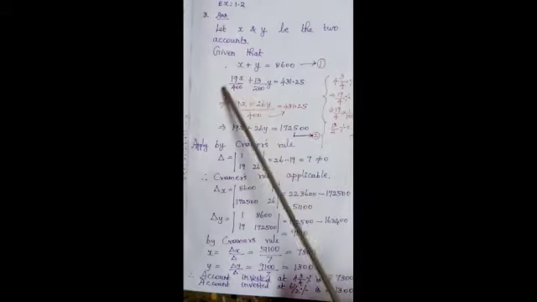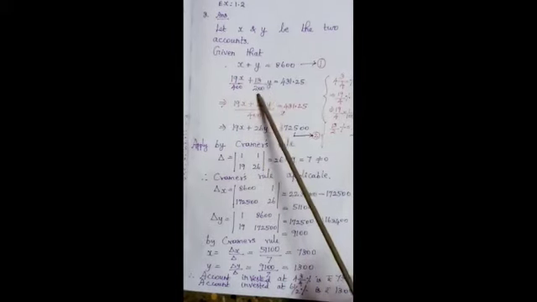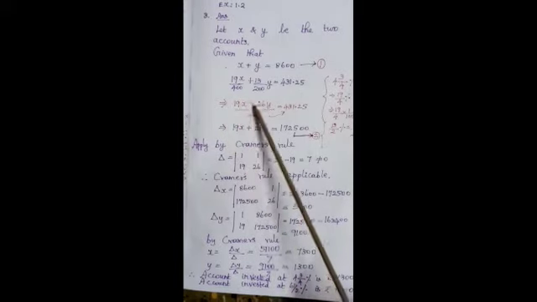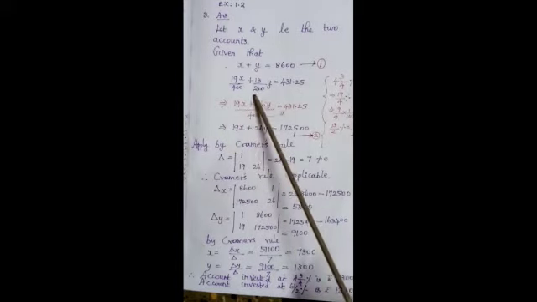So we get 19/400 x plus 13/200 y equal to 431.25. So this implies 19x plus 26y divided by 400, taking the LCM, equal to 431.25. Then cross multiplication gives 19x plus 26y equal to 172,500. This is equation 2.